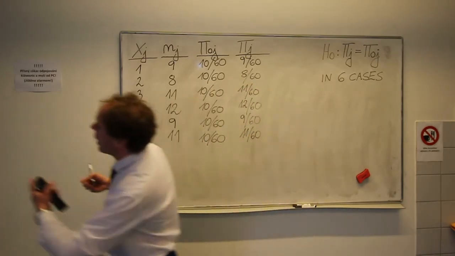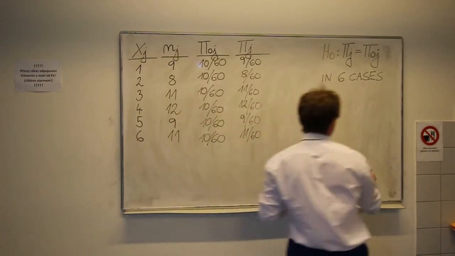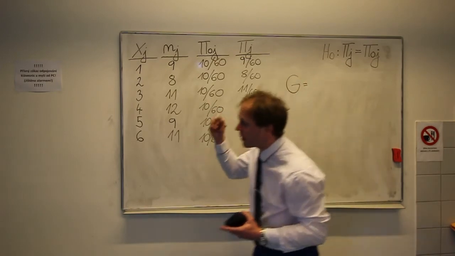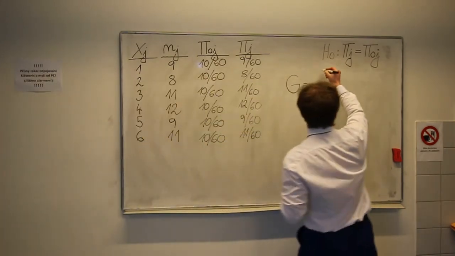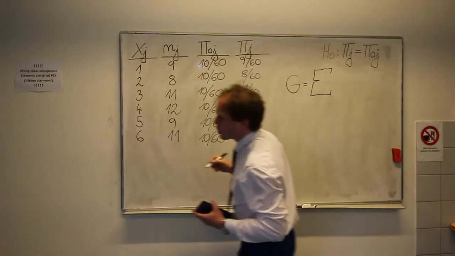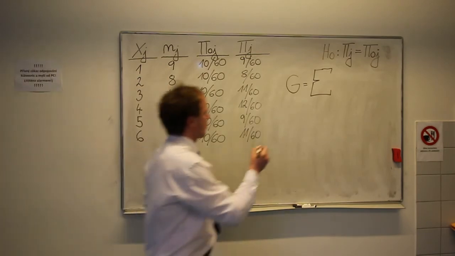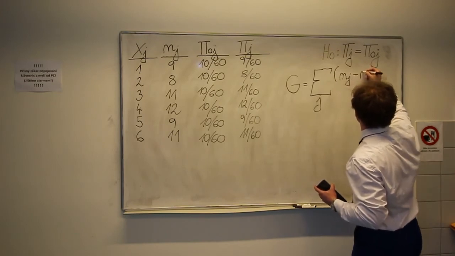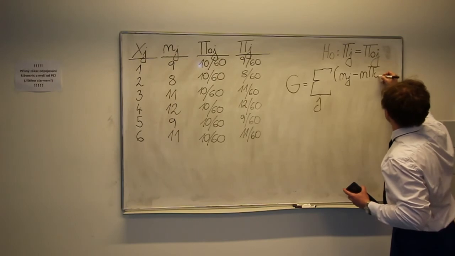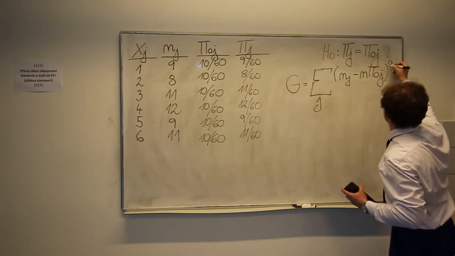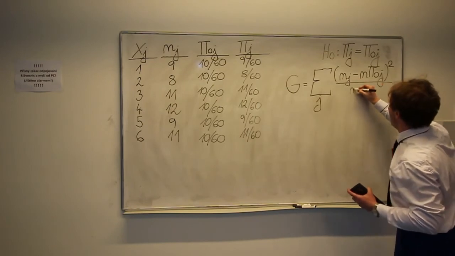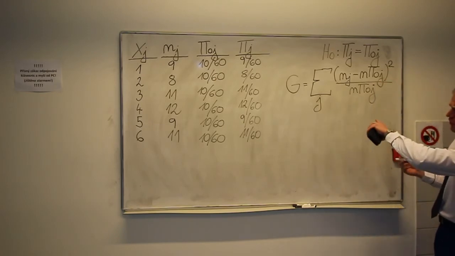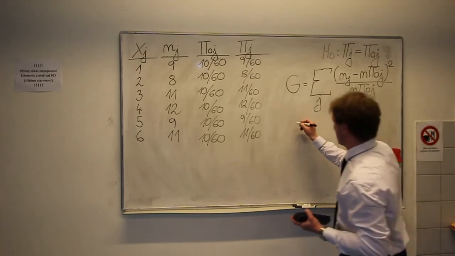Why and how? I have here a test statistic G, which is calculated like this: a summation through all j of nj minus n times p0j, squared, divided by n times p0j. Okay, I can rewrite this to this form.